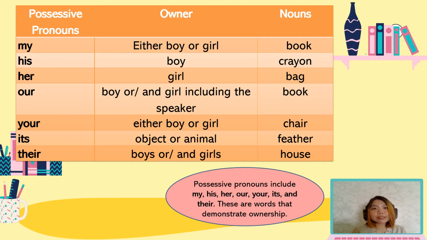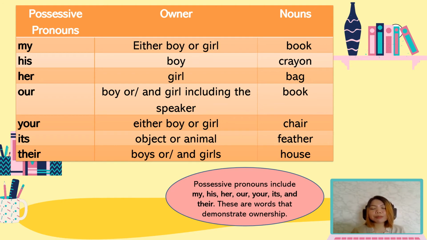Now we use the possessive pronoun her if the owner of a thing is a girl, followed by a noun. Her bag. Now we use the possessive pronoun our if the owner is either a boy or a girl, including the speaker, followed by a noun. For example, our book.